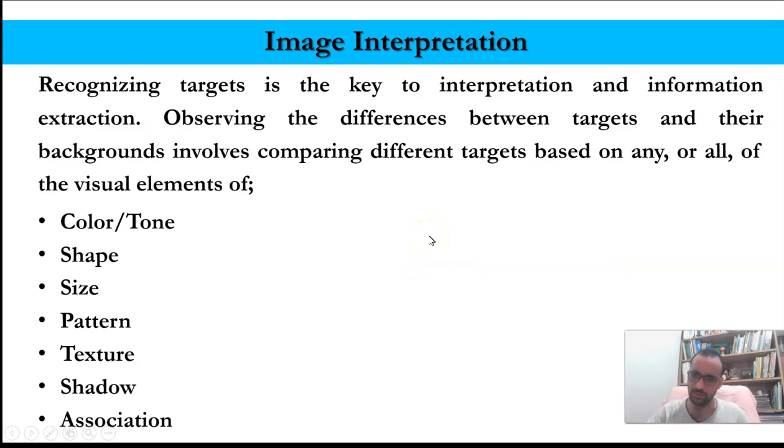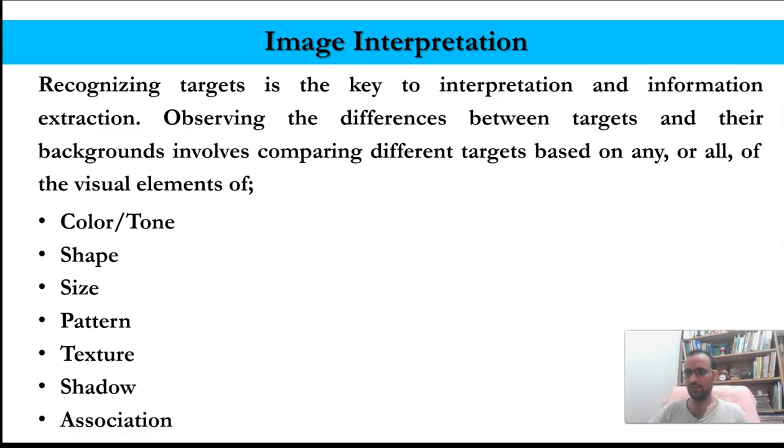Image interpretation. Image interpretation is the key to identify the different objects in the satellite image. You see that around the world, this is how we learn to understand the things around us. You see the structure, the texture, the pattern, the colors. Like you have a lemon.